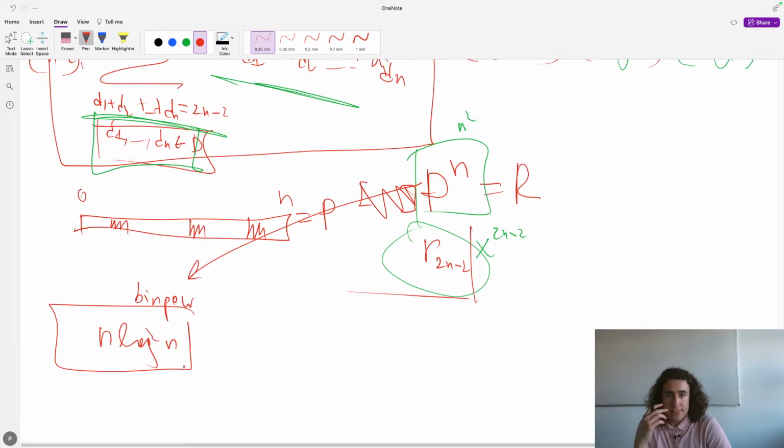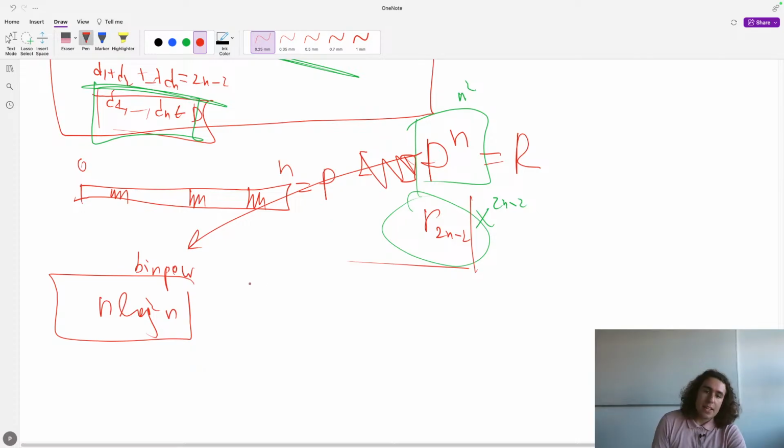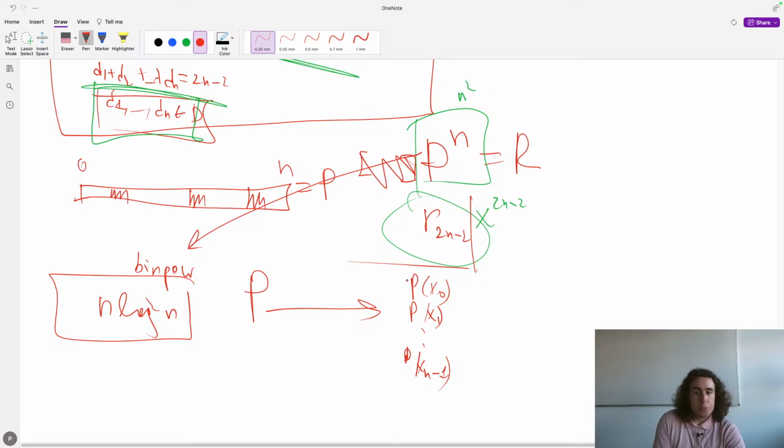Note that you could think about a different solution, right? Because what does FFT do? We take a polynomial p, we go into its value representation, p of x1 and so on, p of x n minus 1. And then if we have the value representation, it's easy to power our polynomial. We can just binary exponentiate all these values, and then we can try to go back.